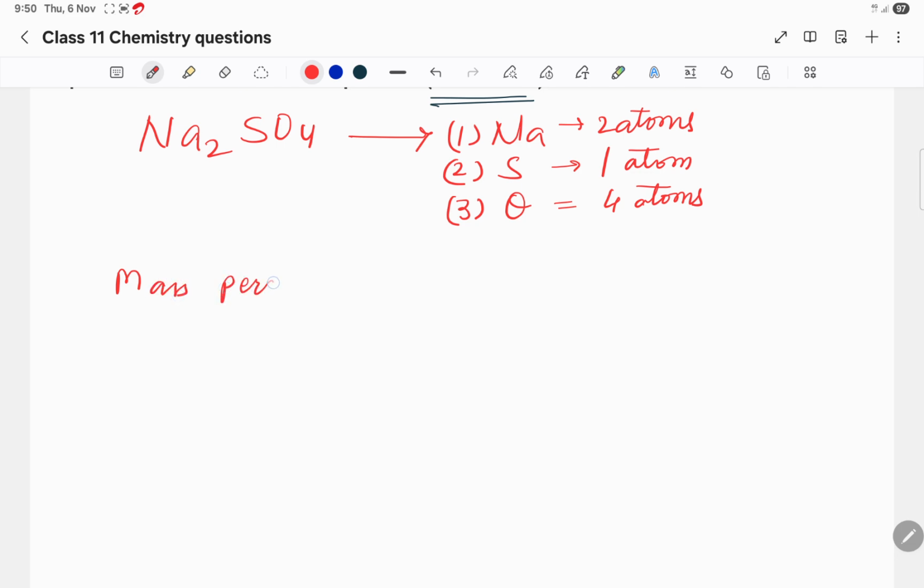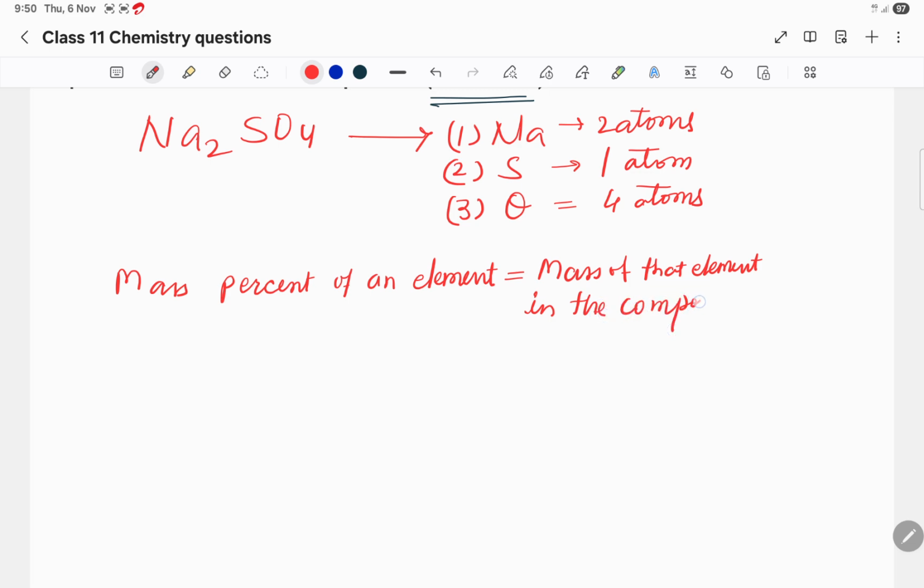Mass percent of an element can be calculated as it is equal to mass of that element in the compound divided by molar mass of the compound multiplied by 100.